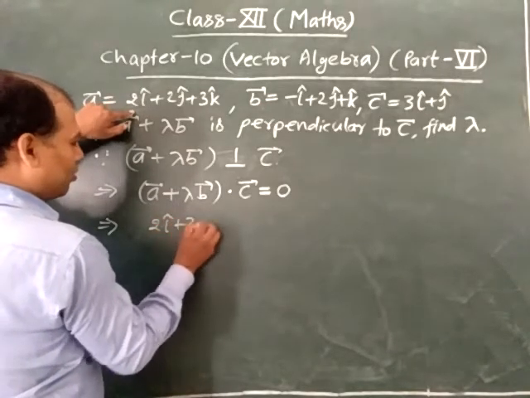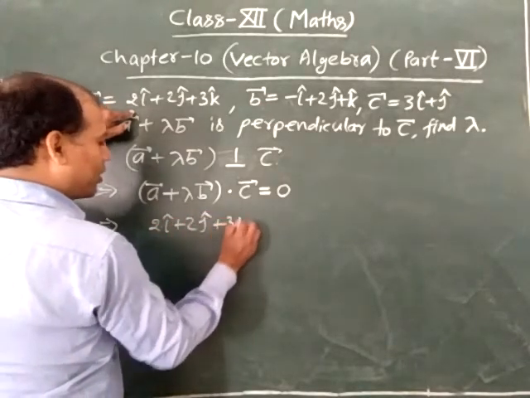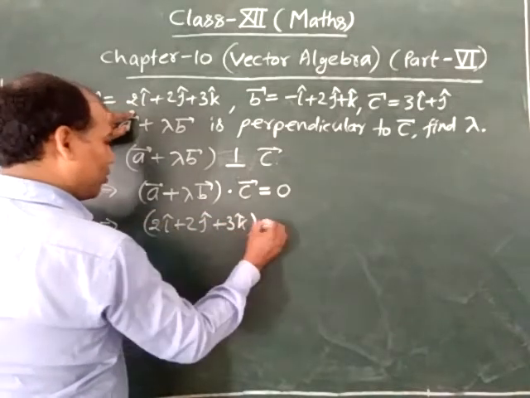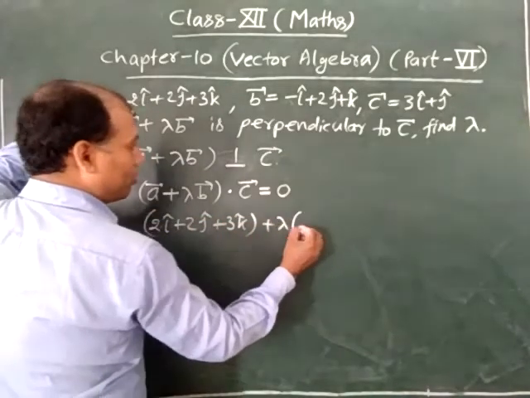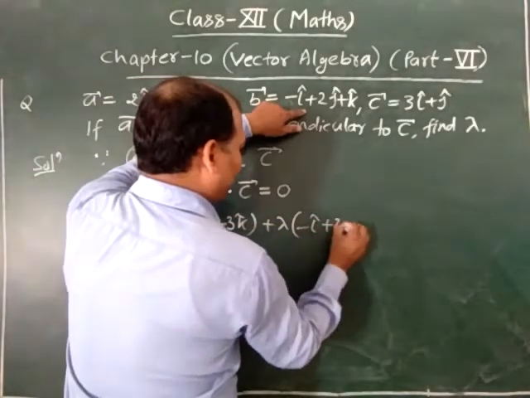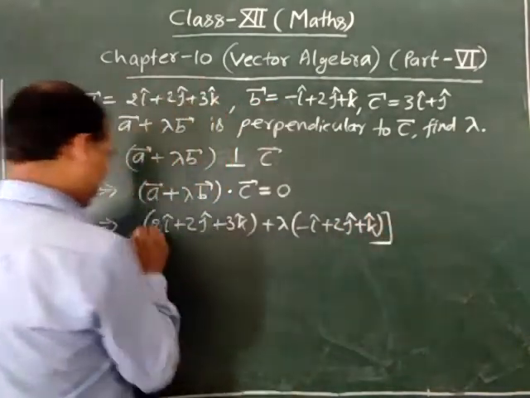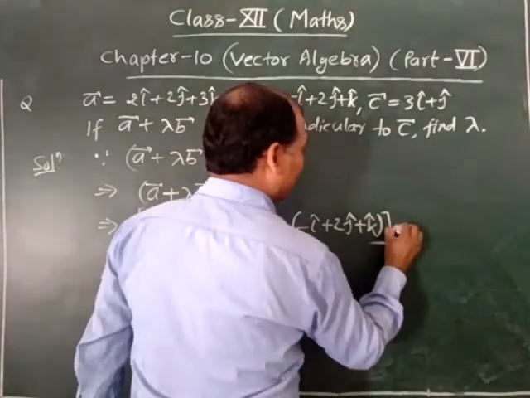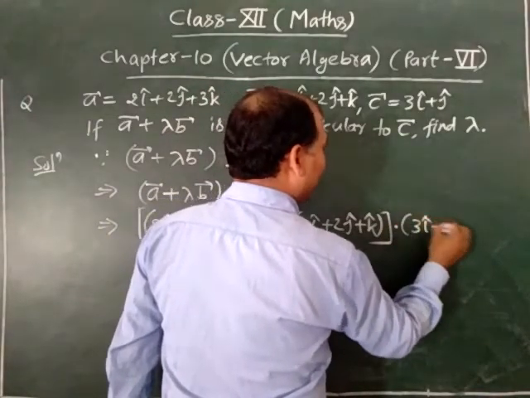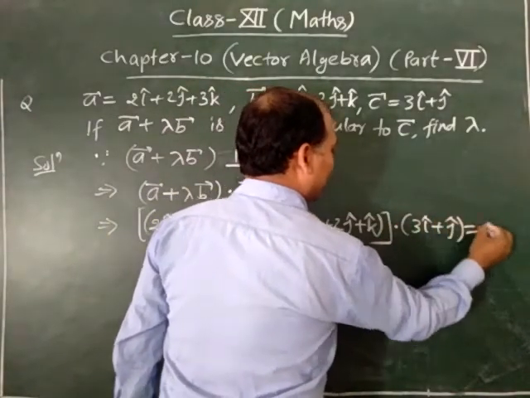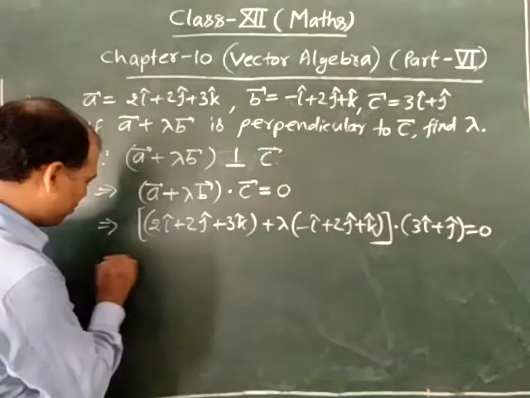2i plus 2j plus 3k plus lambda times (minus i plus 2j plus k) dot (3i plus j) is equal to 0.